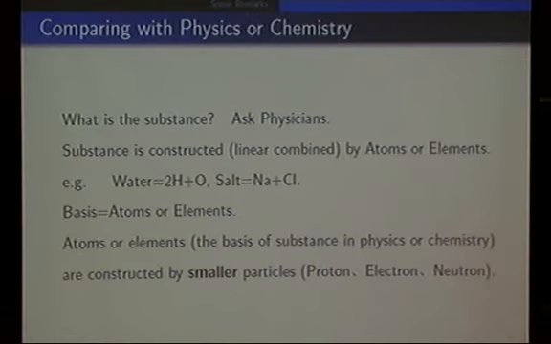Substance is composed of atoms and elements, linearly combined. For example, water is 2H plus O. It's a linear combination. And salt is Na plus Cl. It's a linear combination. If you take my person, it's a linear combination of 130 atoms.